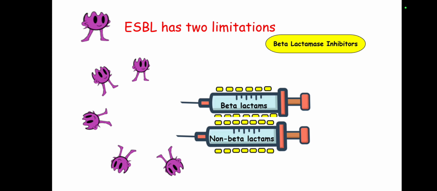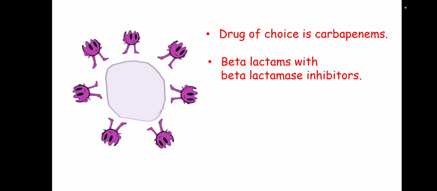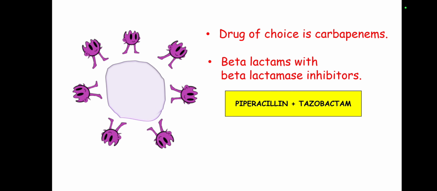So for the bacteria which is producing ESBL, the drug of choice is carbapenem, because ESBL cannot break carbapenems. Second thing is, we can give beta lactams along with beta lactamase inhibitor. The common combination we are using is piperacillin and tazobactam. So this was all about our topic regarding carbapenems.